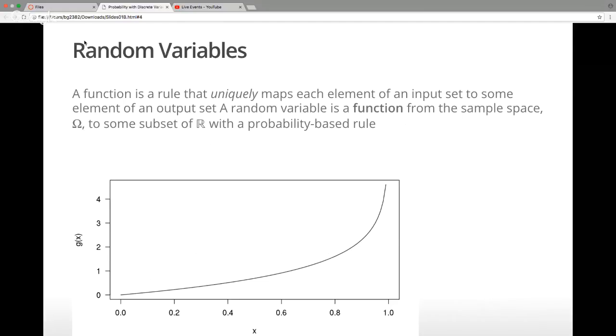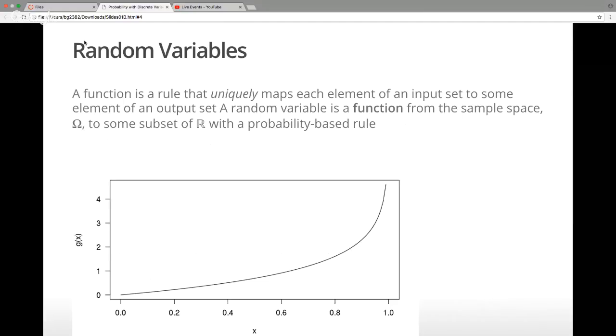You might say, well, this particular function looks like a bijective function, which is to say we could start on the vertical axis here, go over to the curve, and end up at a unique element on the horizontal axis. That is true. That's going to hold for a lot of functions that we deal with this semester, but it's not required. What's required is to go from any element of the input set to a unique element of the output set, not necessarily the reverse.